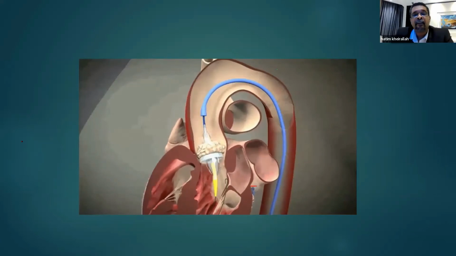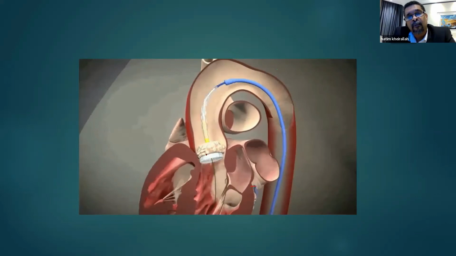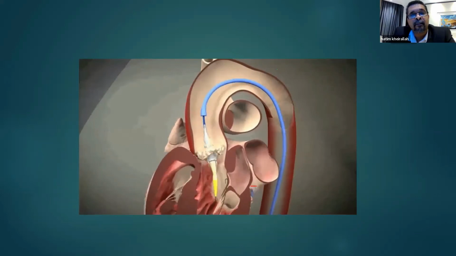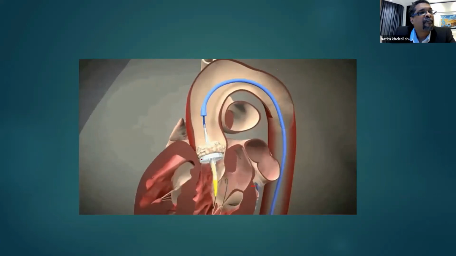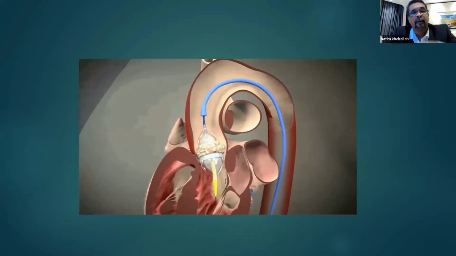So valve in valve is now an important part of the structural heart intervention where you have a bioprosthesis. You have to have a solid platform upon which you lay your new valve.